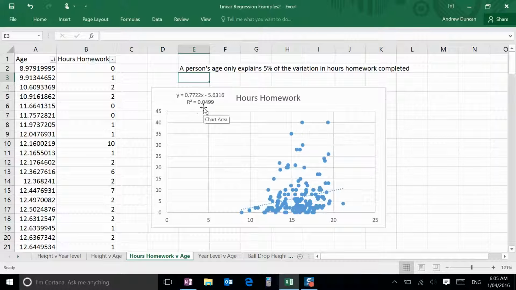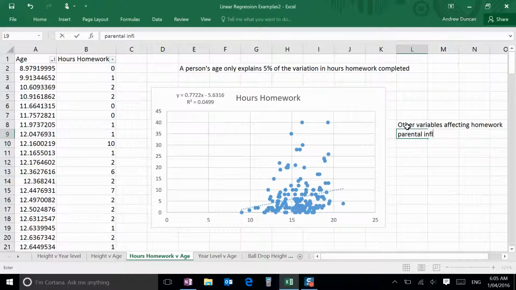The model doesn't explain much at all. Other variables affecting homework could be parental influence, could be motivation, could be the amount the teacher nags, all of those sorts of things.